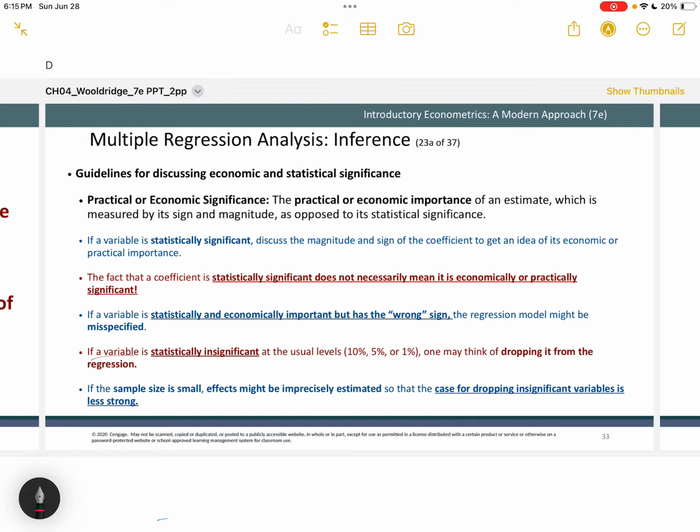Now for a variable that has a statistically insignificant coefficient, can we drop the variable? When it comes to dropping variables, you want to look at the size of the sample.